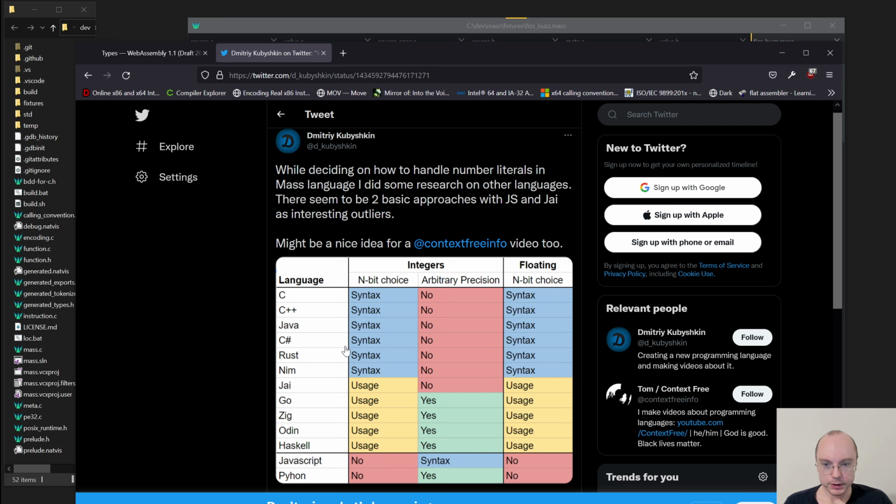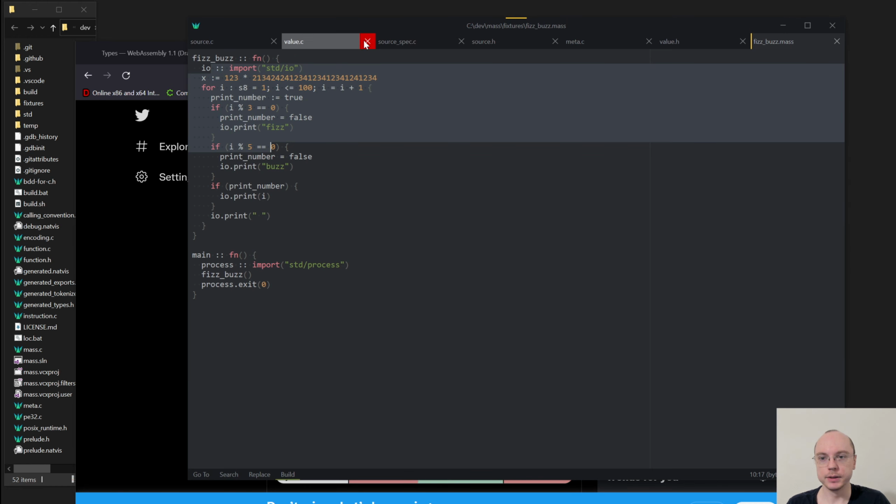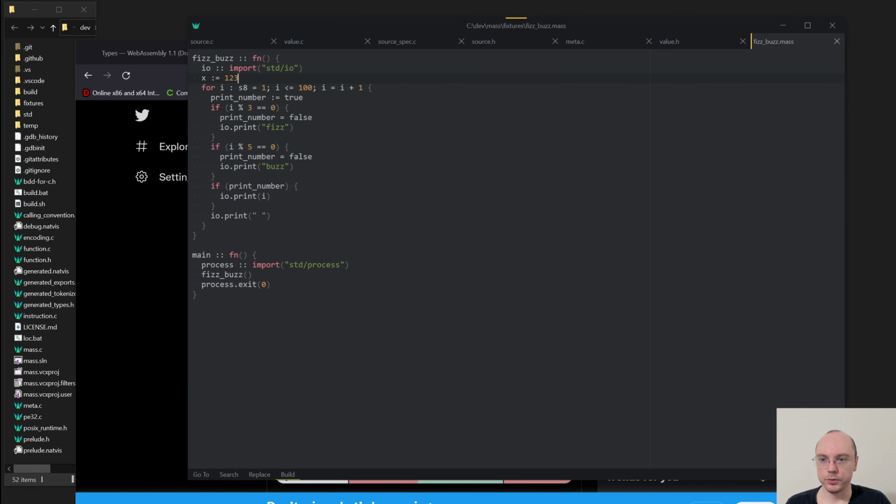Next, there is also an interesting column here that's called n-bit choice, and this has to do with what I told you before of how it is decided what type this 1, 2, 3 is. In C, you always have to specify the type on the right hand side.